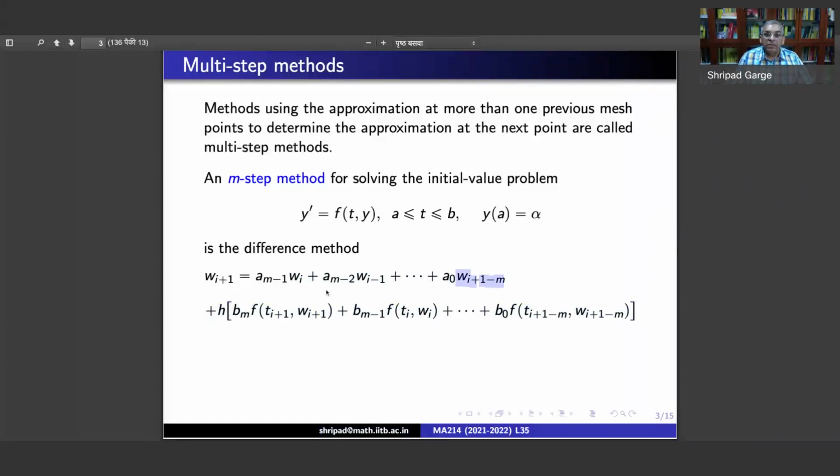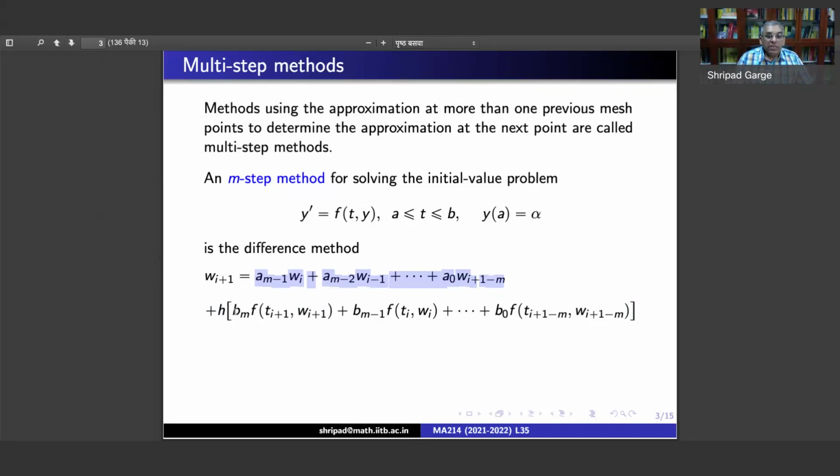You will start from i minus 0, i minus 1, to i minus m minus 1, and therefore wi, from 0 to m minus 1, gives you m initial points. So we are taking a certain combination of these approximations of the m points previous to wi plus 1.